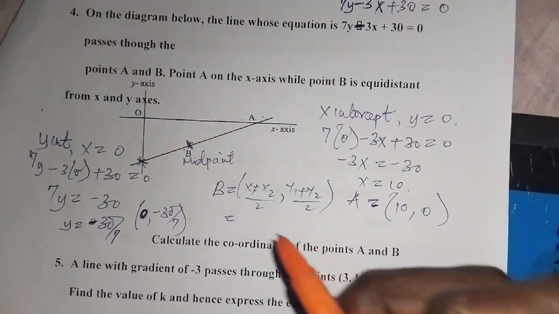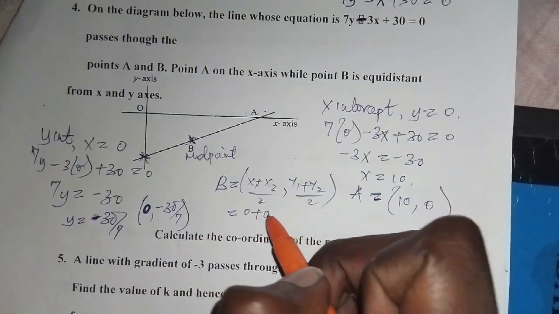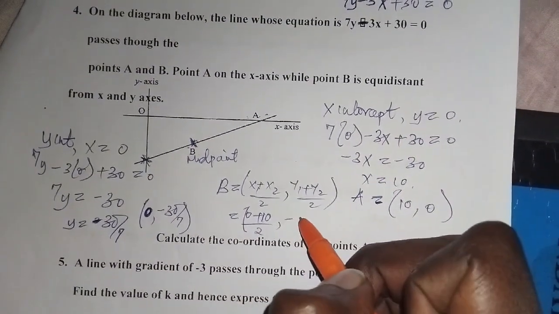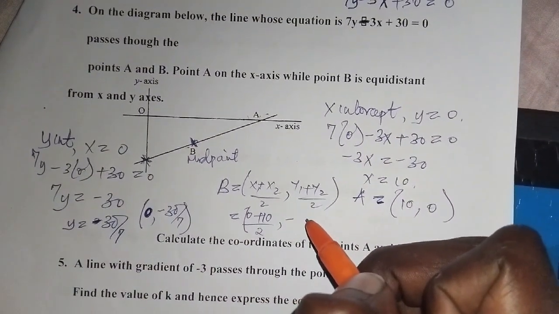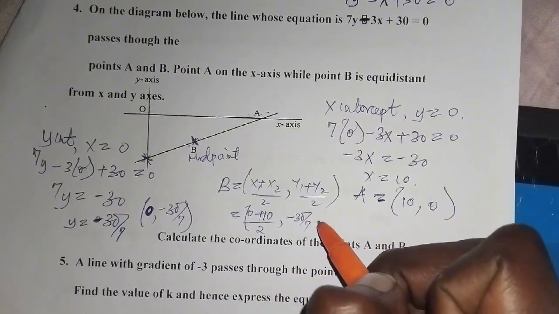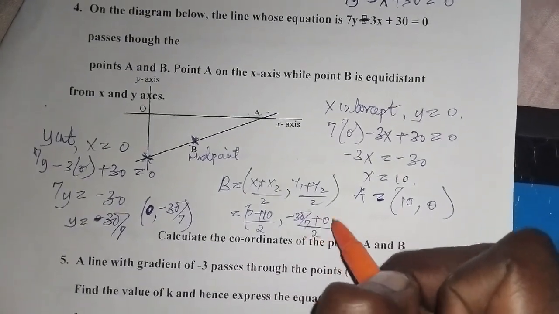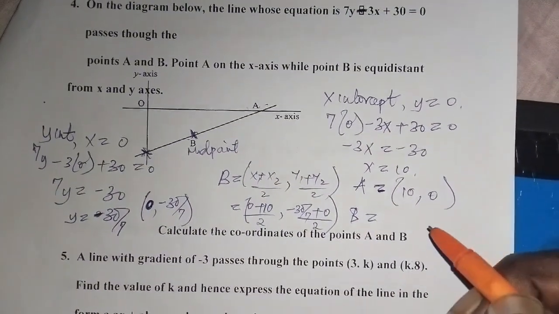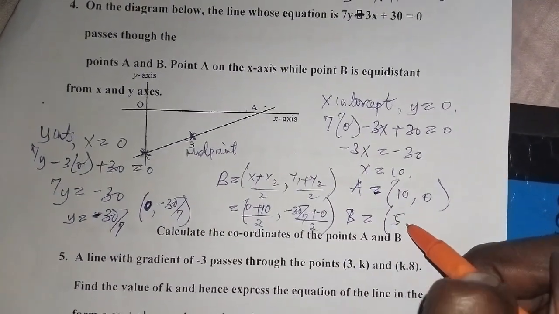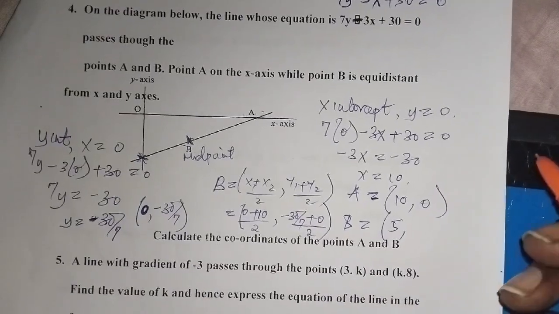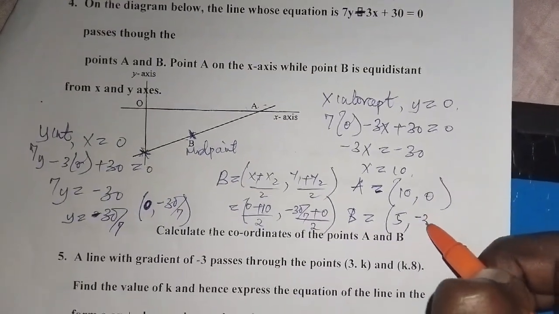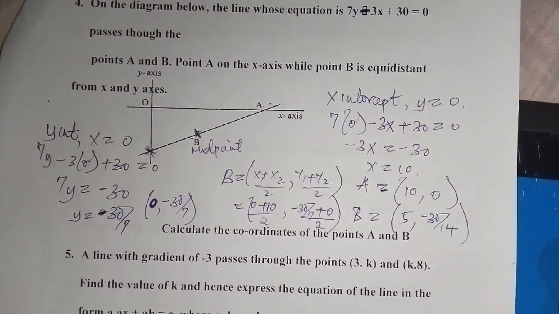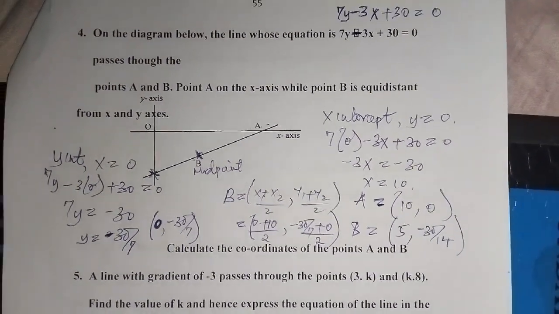So we have 0 plus 10, divided by 2, then negative 30 over 7 plus 0, divided by 2. This will give you the coordinates of B as 5, negative 30 over 14.